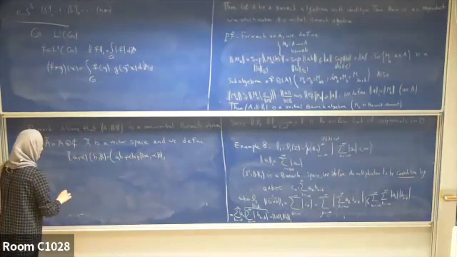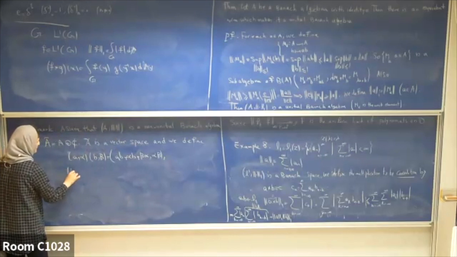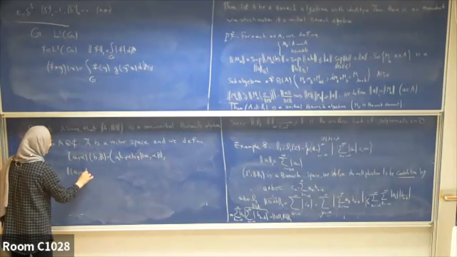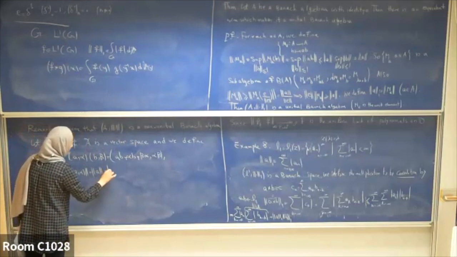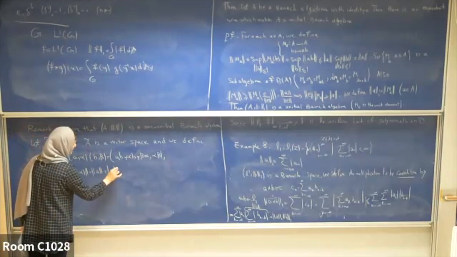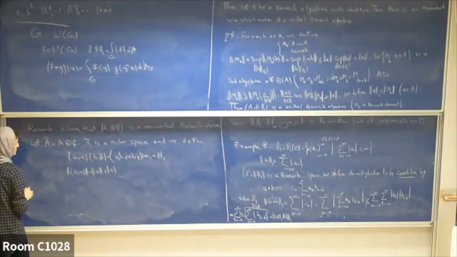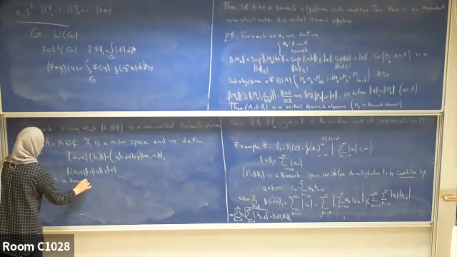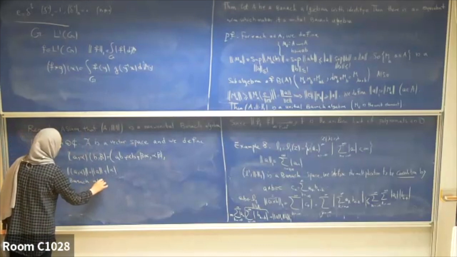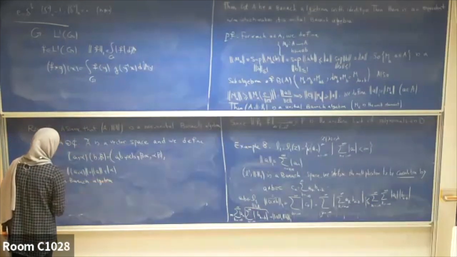And the norm I consider of each element is norm of a plus absolute value of alpha. It's really easy to check that A tilde is a Banach algebra with this norm, and unital.